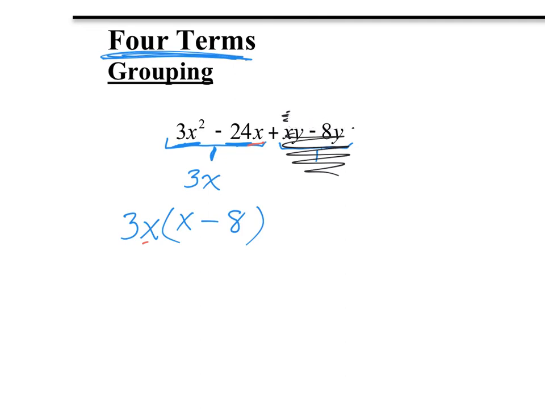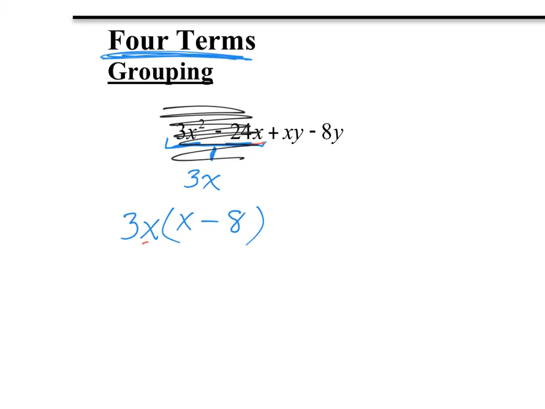Okay, so we do that, and then what I like to do is think of it as, now I want to ignore this part. Who cares about that part? I want to focus on the second 2 terms. What is the GCF for the second 2 terms? They both have a y.